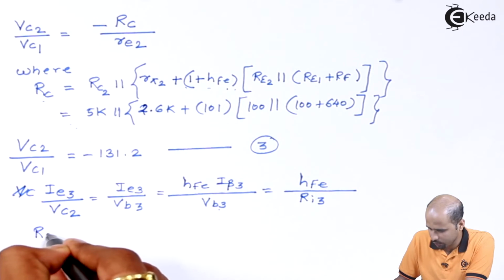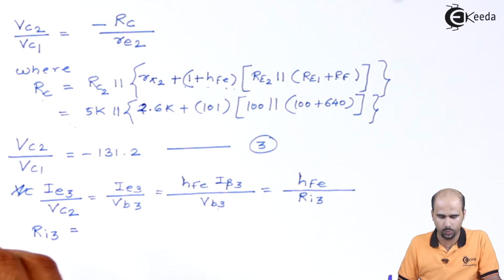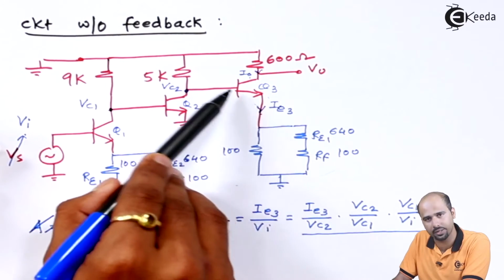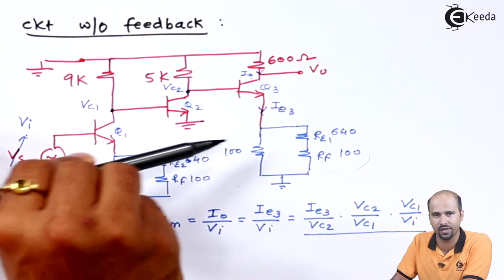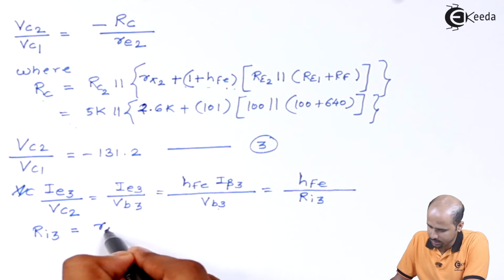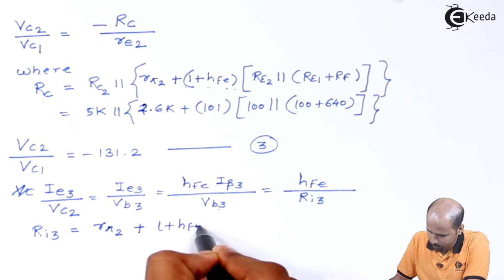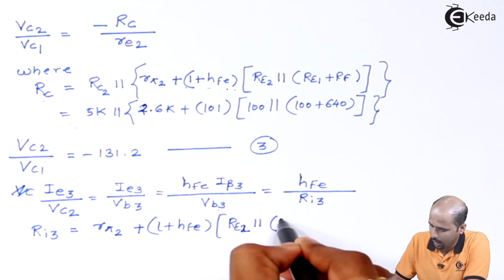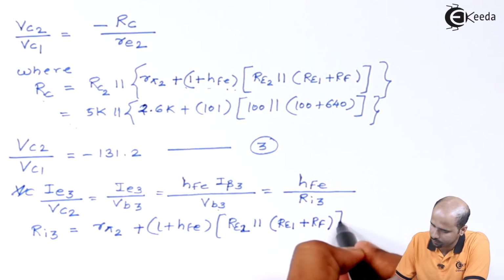I know that. What's the value of RI3? RI3 is nothing but the value which is related to the RPi3 and this complete resistance. So if we look from this particular end after the second stage into the third stage, we will get that particular value, and that value is nothing but RPi2 plus 1 plus HFE into RE2 in parallel with RE1 plus RF, right?